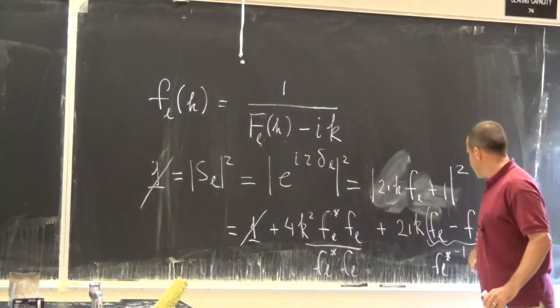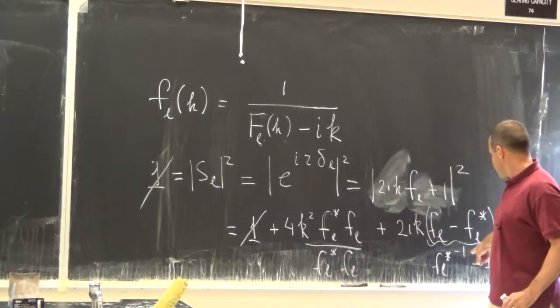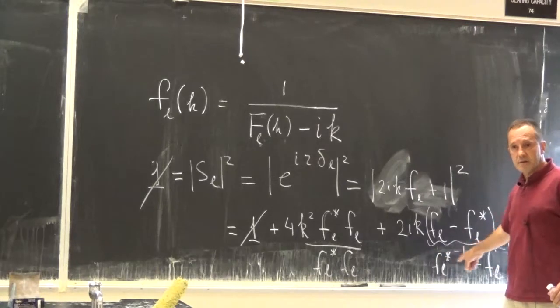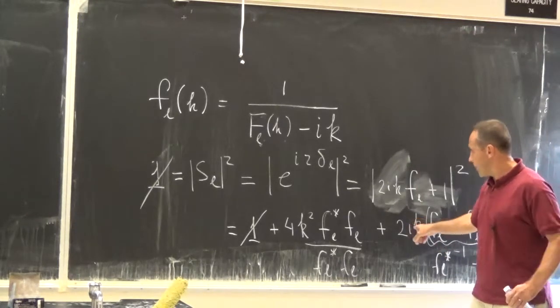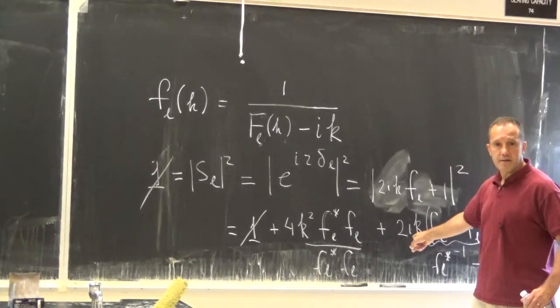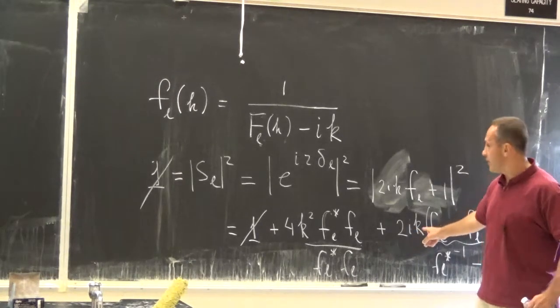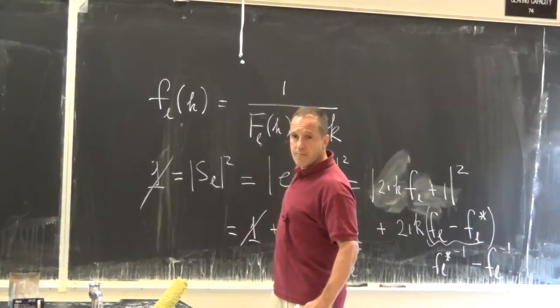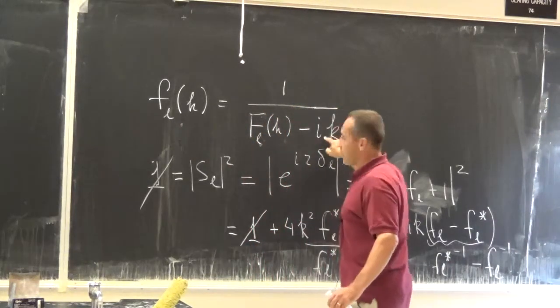So what is this? This is an imaginary part of FL inverse. And that equals, if I bring this to the other side, IK. So therefore, the inverse FL has to have an imaginary part, and by unitarity, this is required to be minus IK.